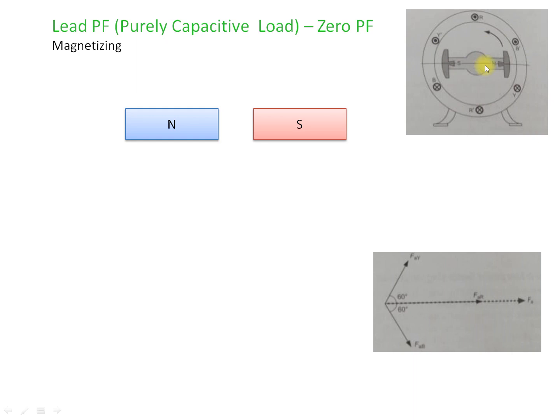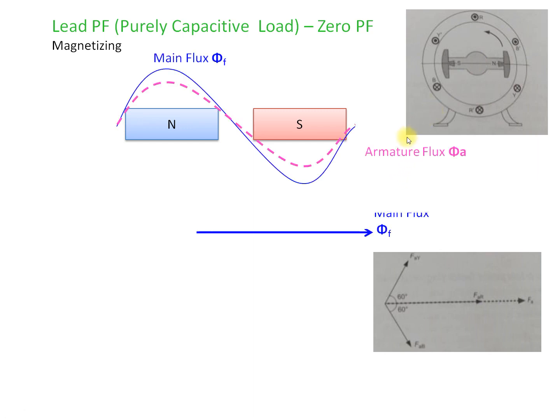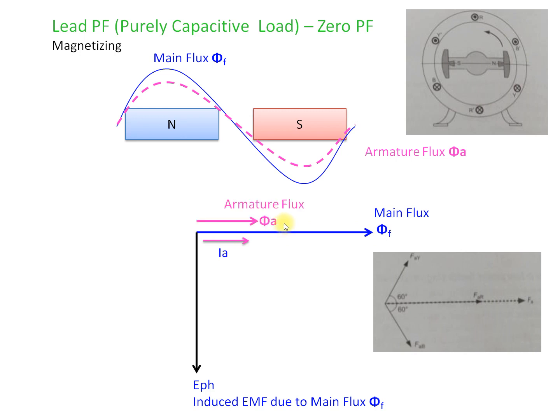Since that is going to be the case, our particular MMF of the armature will be acting along the same direction, but the main flux will be in the opposite direction to what we have seen in the lagging power factor. So the main flux will be acting along this particular line, and the armature flux will be acting along that same line, so these two fluxes will be magnetizing each other, so that the main flux will be increasing in nature. So the resultant flux will be somewhat larger than the main flux which is generated.